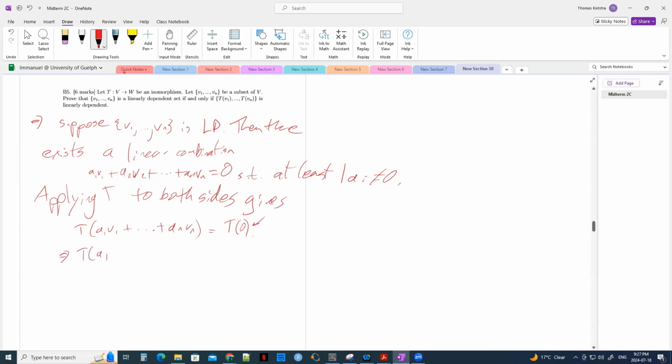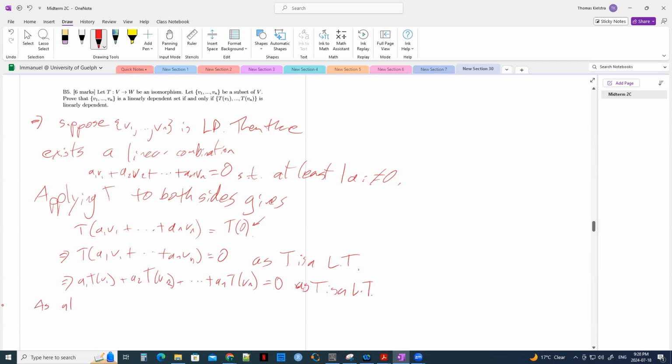So a1v1 + ... + anvn equals 0, as T is a linear transformation, which implies that a1T(v1) + a2T(v2) + ... + anT(vn) equals 0, as T is a linear transformation.